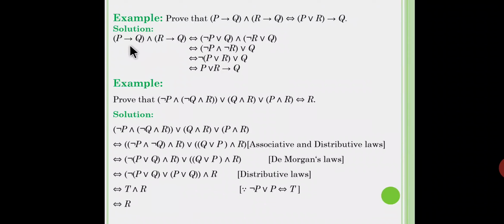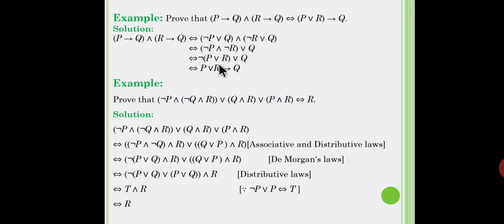In this relation, P implication Q is equivalent to negation P or Q, and R implication Q is equivalent to negation R or Q. So (negation P or Q) and (negation R or Q). Here I am applying the distributive law: (negation P and negation R) or Q. We write this as negation of (P or R), so here we are applying De Morgan's law.